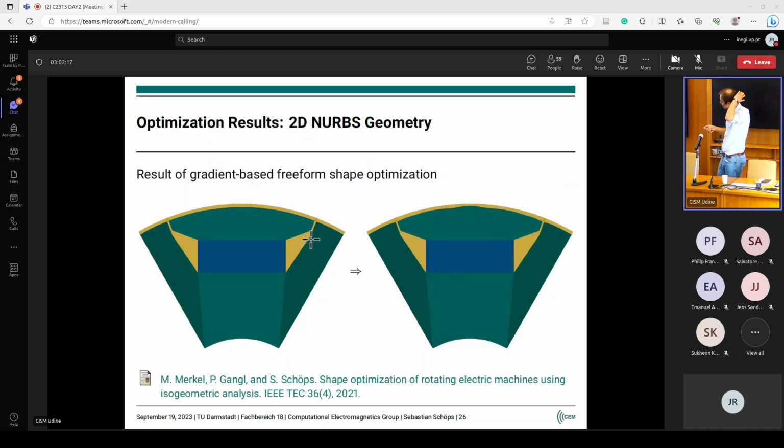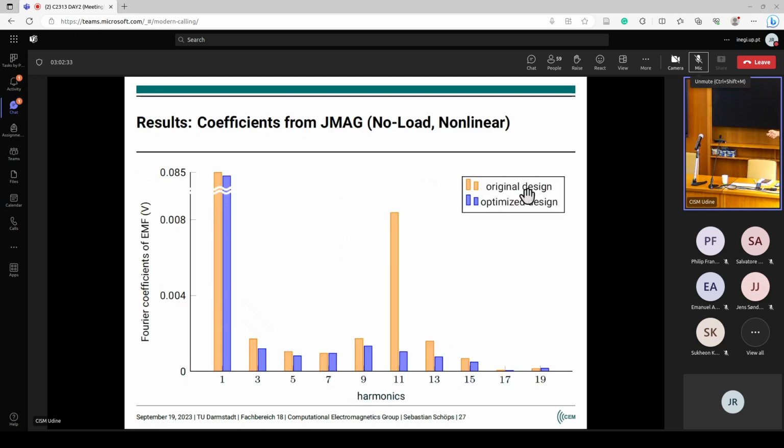So if you do optimization, I mentioned already that shape freeform optimization is interesting. You see that if you make very minor changes to the geometry, this is magnified, obviously, by maybe 10, 20 times, that these kinds of changes significantly improve the spec of the machine. As you can imagine, a machine should run very smoothly.